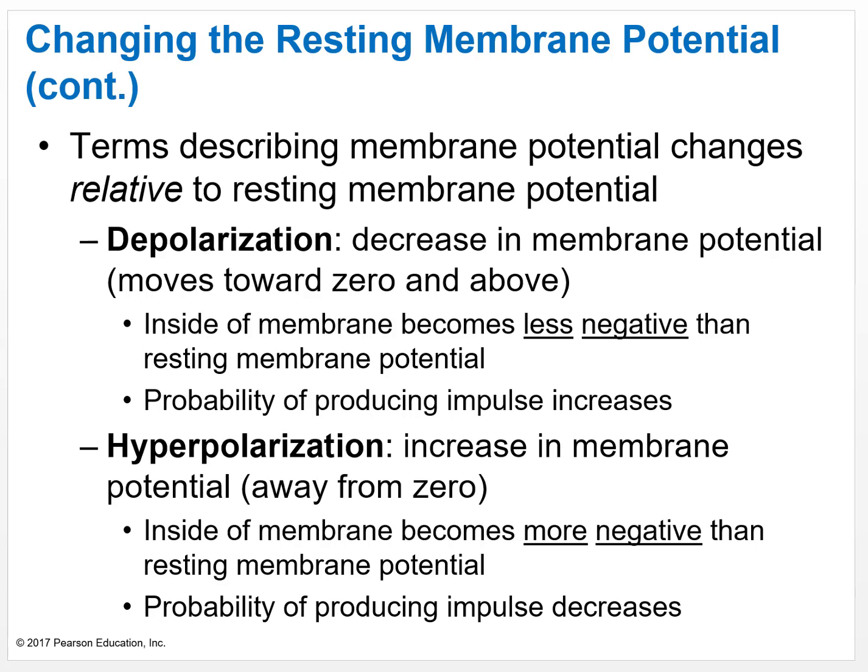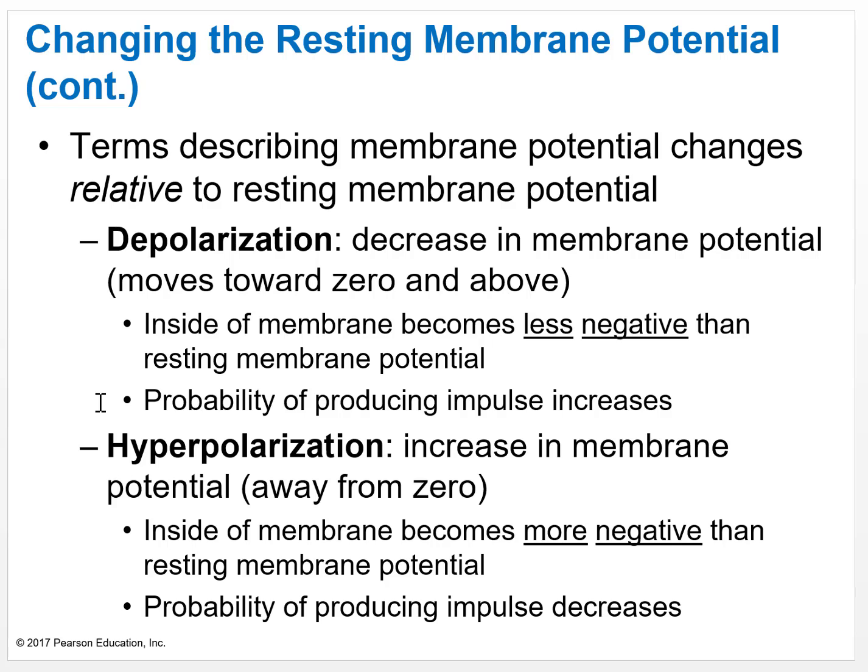One last slide here. This is a kicker. So when we do these graded potentials, these little tickles, they don't always have to be a depolarization, where we move that -70 towards 0 by allowing more of the positive ions inside. Those are going to usually lead to producing an impulse that's going to cause the action potential.